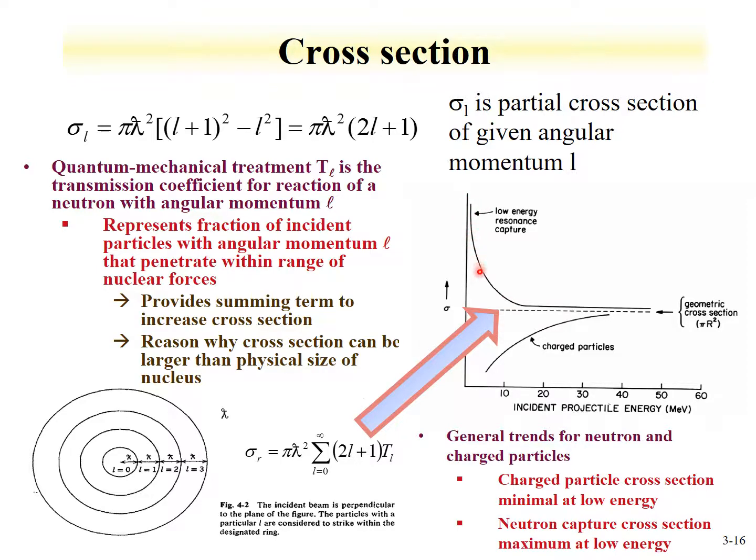As the energies increase, the de Broglie wavelength changes. It becomes much smaller, and the cross-sections start coming towards, say, physical sizes. Now, charged particles, which are shown here, have to overcome the Coulomb barrier, as we discussed with the threshold energies. So there are certain energies at which we will not have any nuclear reactions. So those cross-sections start low, they increase, and they eventually start going towards geometric cross-sections.